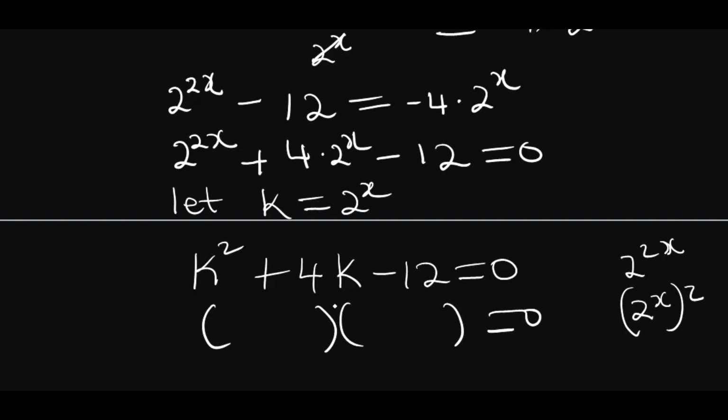If we factorize this, we will have k plus 6 and I made a mistake here, sorry. I will have k minus 2, those are the factors of 12, which will give us the middle term, which is 4.